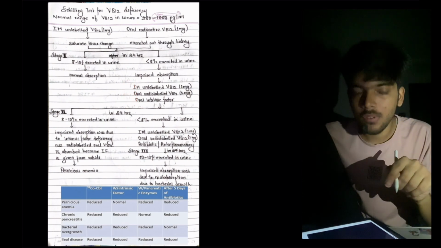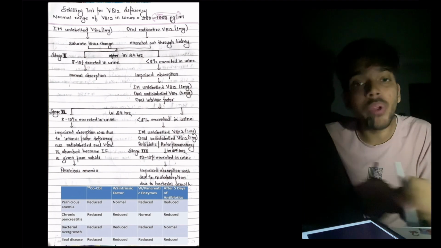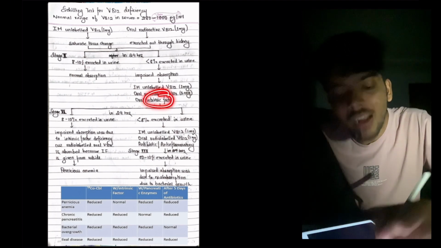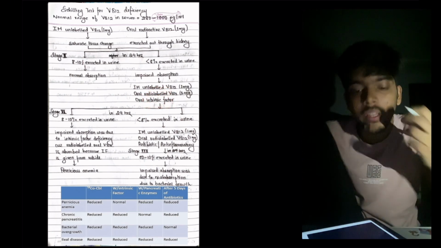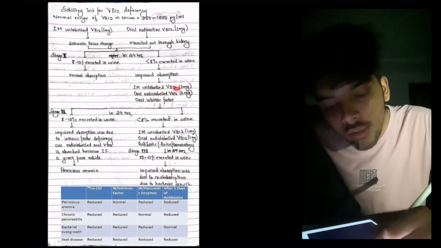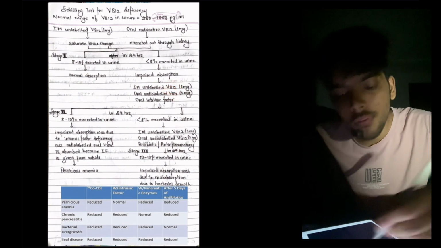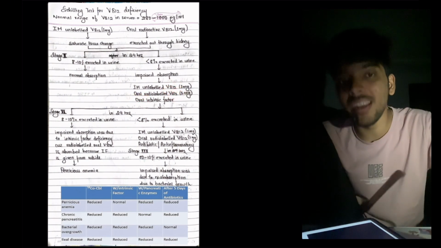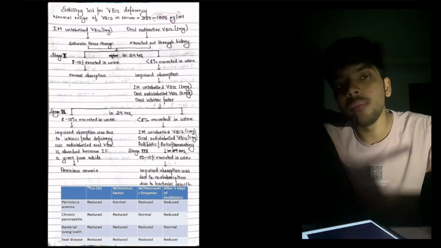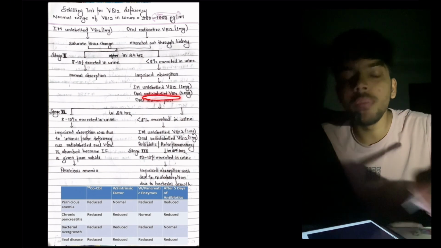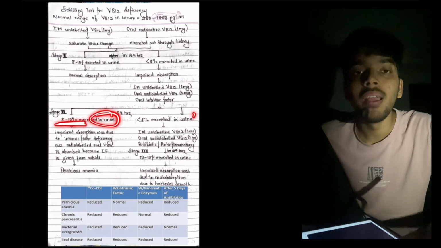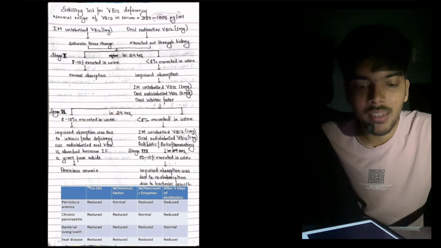So, if absorption deficiency is there due to intrinsic factor deficiency, what will happen? The intrinsic factor taken by oral route will allow for the absorption of the vitamin B12 taken by oral route, right? As a result, upon urinating, the radioactive vitamin B12, 8 to 10%, will be present in the urine.